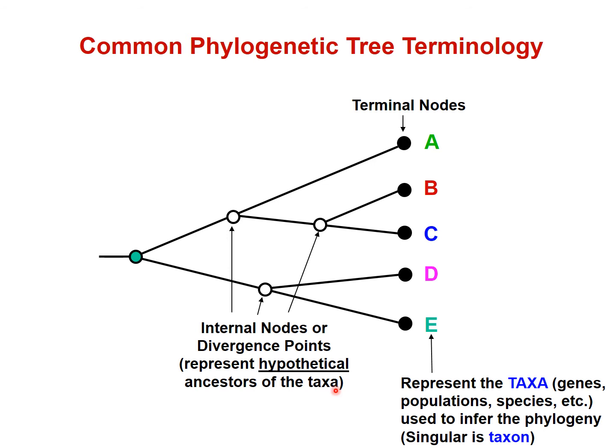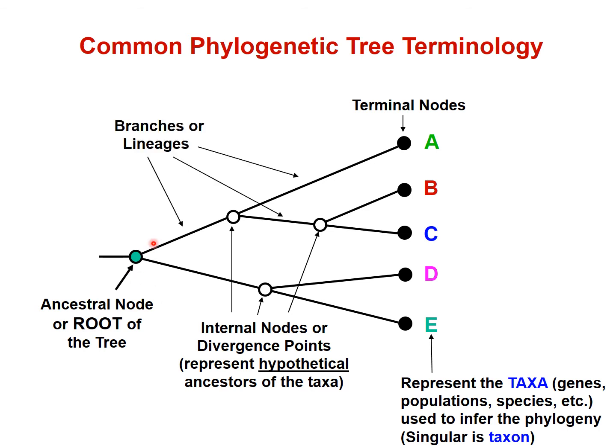Internal nodes, or these divergence points, represent hypothetical ancestors of the taxa. These are no longer alive. We can't see these, but we can infer what the sequences are. If we're looking at different genes, we can infer what the sequence is at each of these points based on what they are in the taxa that still exist. And this point down here is the ancestral node, or the root, of this tree.